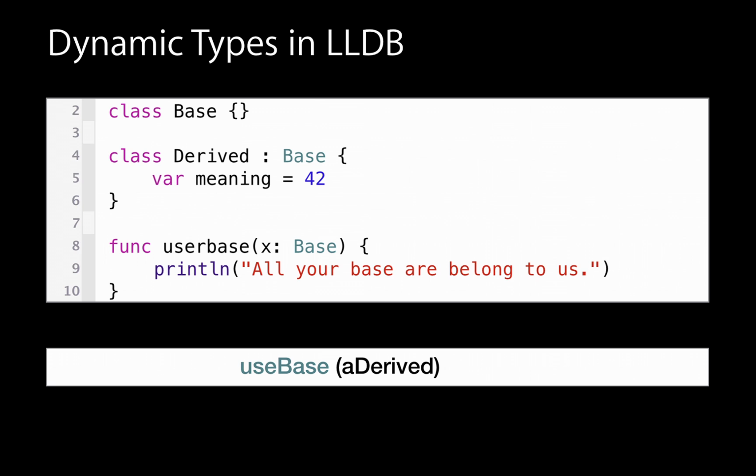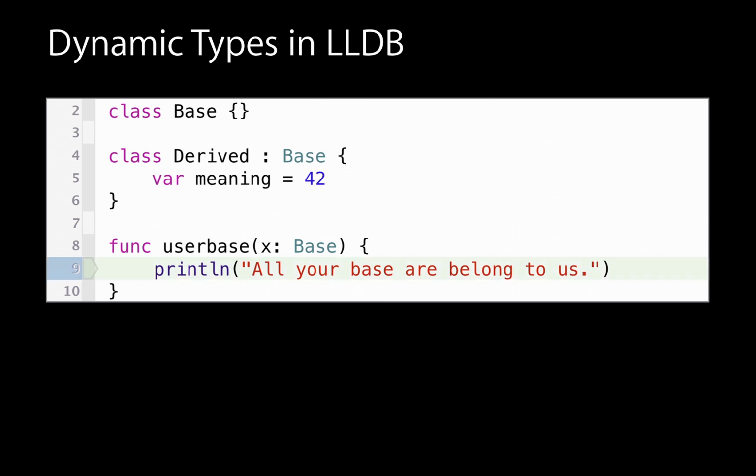But I can call it with an object of the derived class, can I not? That's perfectly OK. When I hit my breakpoint, the compiler has to keep me honest, but the debugger doesn't have to keep me that honest. Actually, the very opposite. I want the debugger to tell me as much information as possible about that argument x.